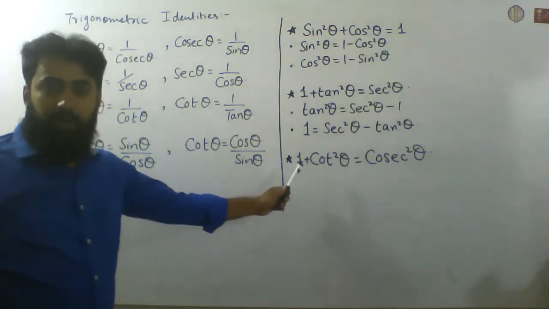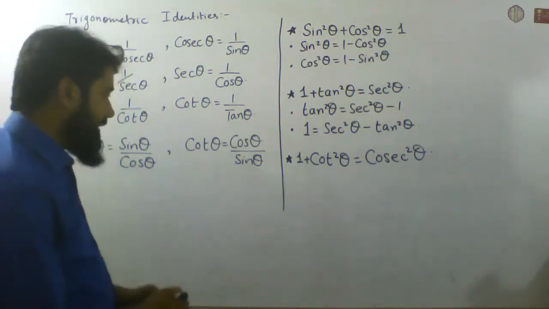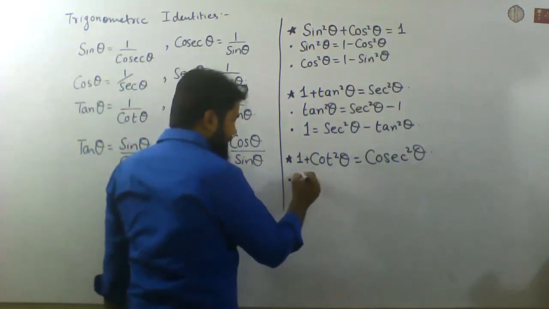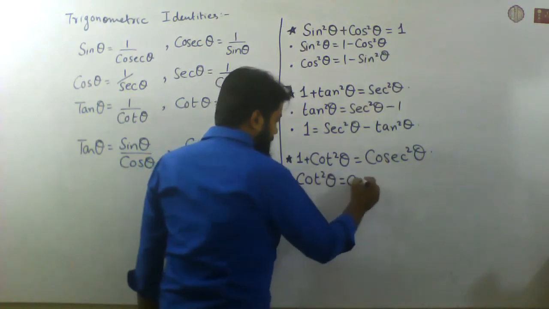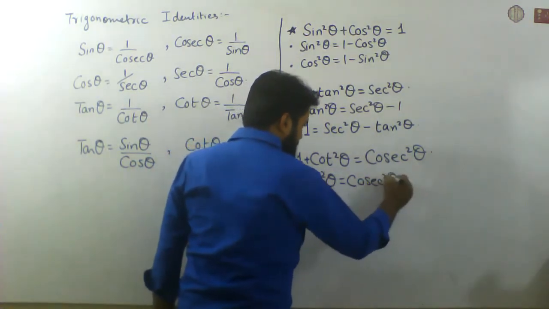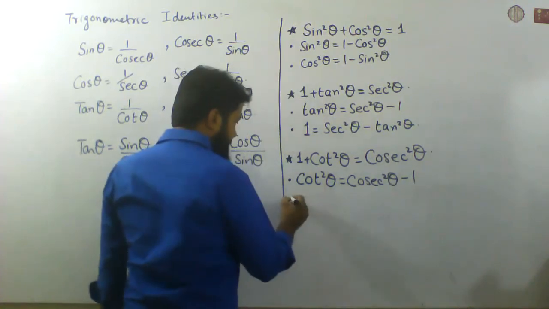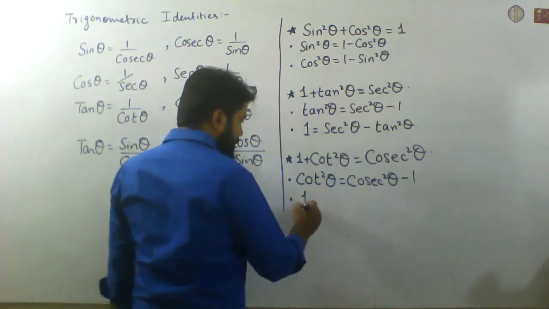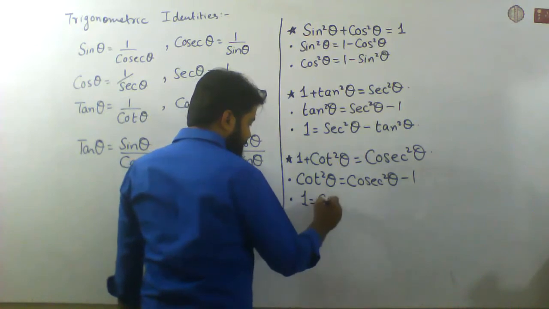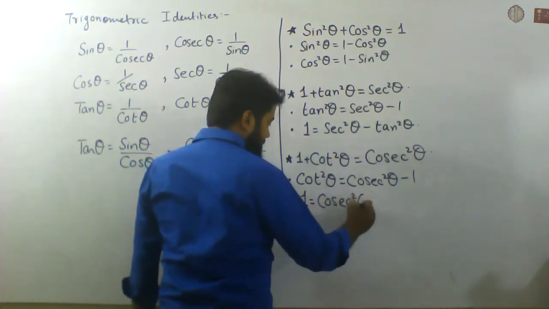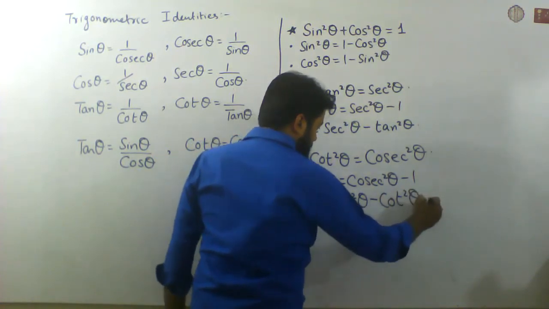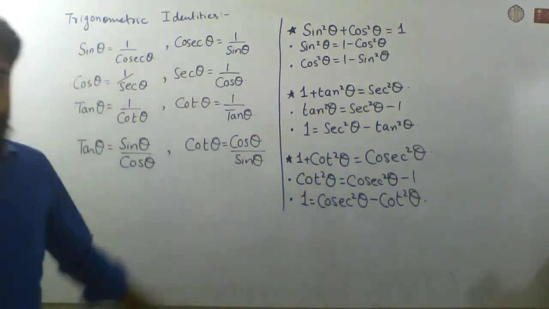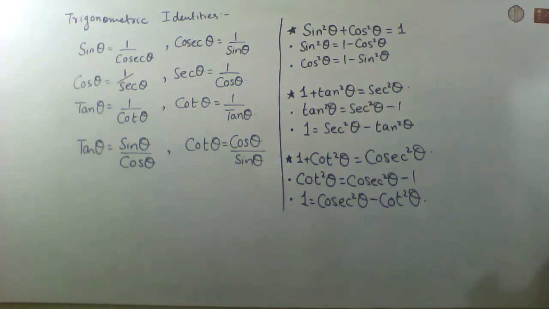That is my third squaring identity, and the variations are cot square theta equals cosec square theta minus 1, and 1 equals cosec square theta minus cot square theta.